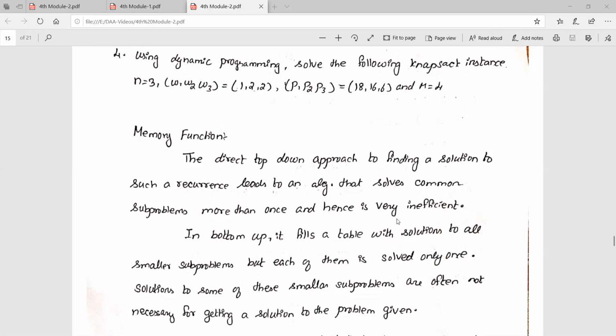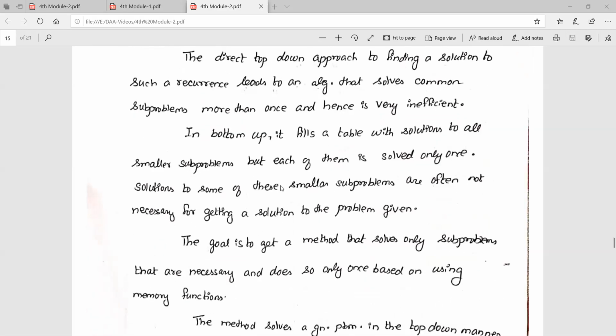In the bottom up approach, what we are doing is filling the table with solutions to all smaller subproblems, but each of them is solved only once. Solutions to some of the subproblems are often not necessary to get the solution to the original problem. So that is the problem in the bottom up approach.